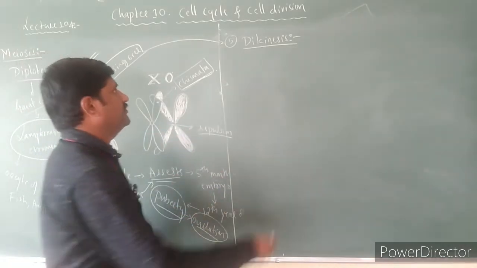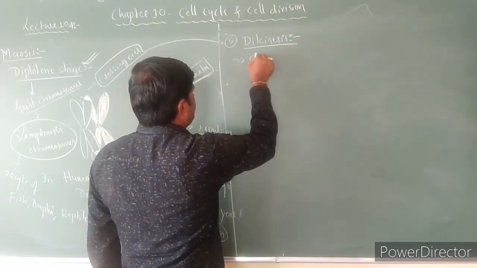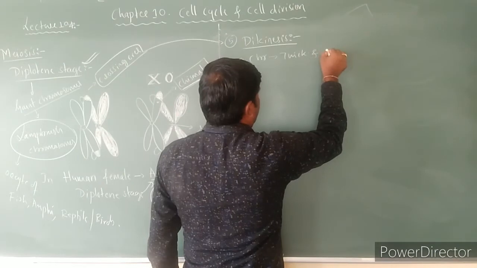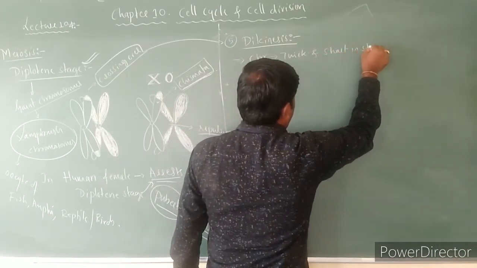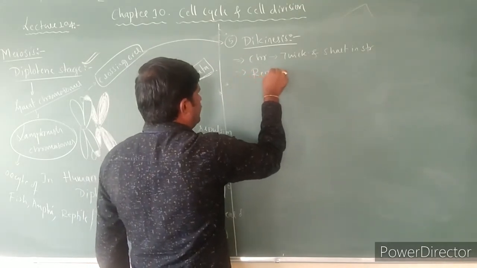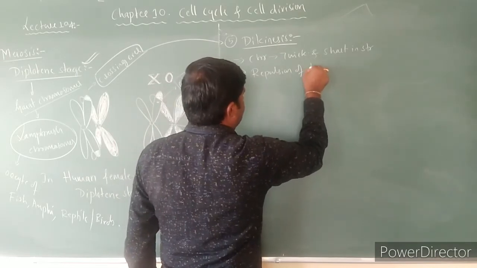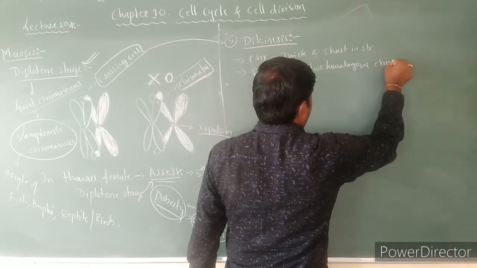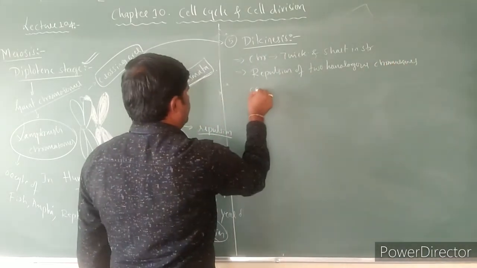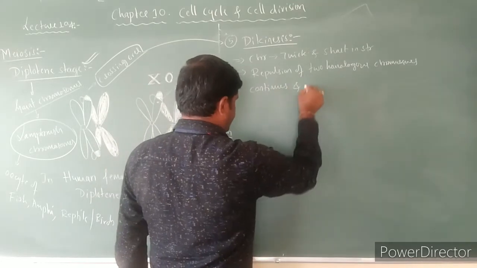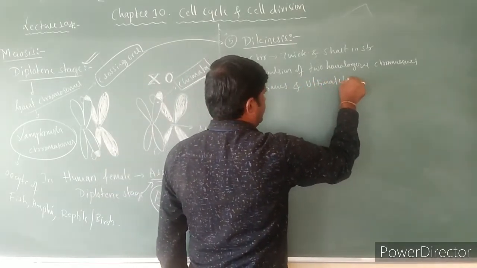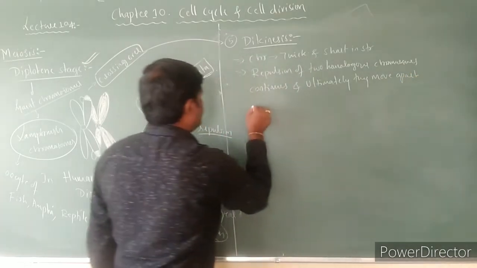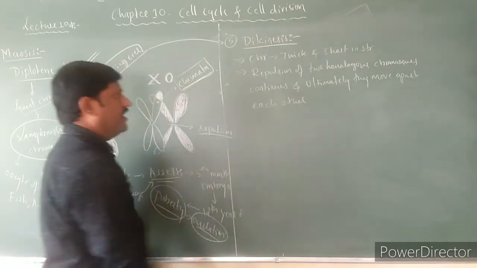As the repulsion continues in diakinesis, the chromosomes become very thick and sharp in structure, and ultimately the two homologous chromosomes move apart from each other.